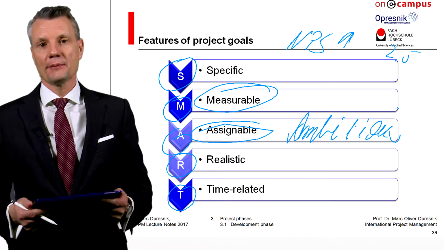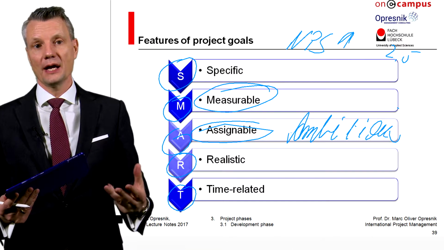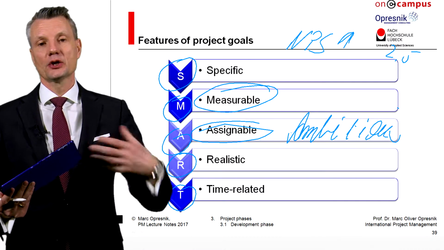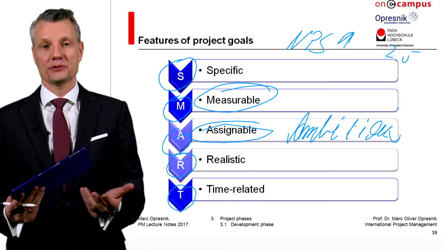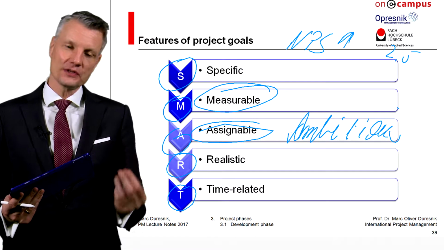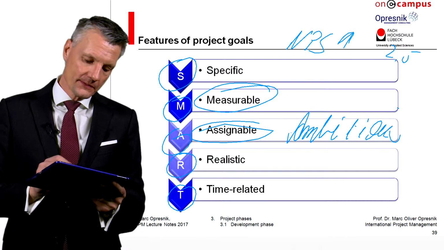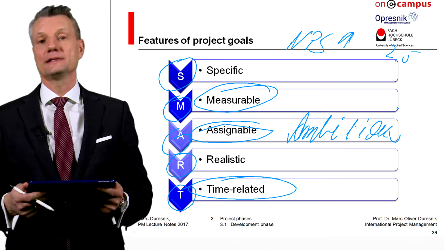Also, I give you another example from real life. If you state that you want to increase the aided recall of advertisement by 2.5%, this sounds very specific, but it's not, because the time is lacking.